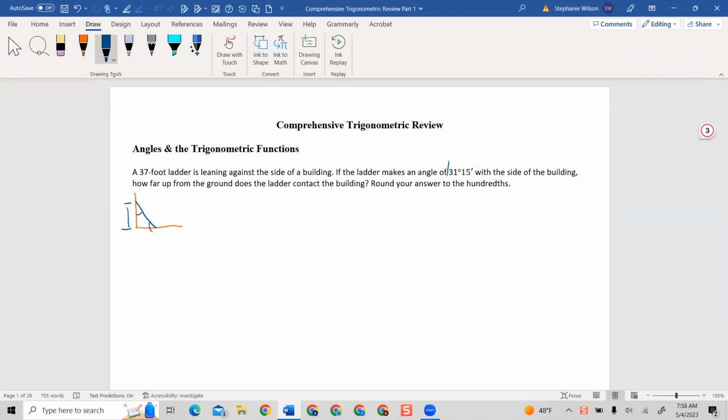We need to convert the degrees and minutes to all degrees, so that way we can put it into our identity. So I have 31 degrees, 15 minutes. Well, we know that for every 1 degree, it's 60 minutes. So now I'm going to do a simple conversion. I got 31 degrees plus 15 minutes over 60 minutes times that 1 degree.